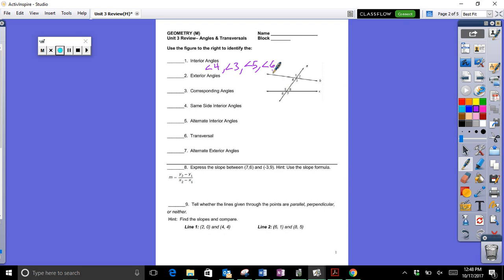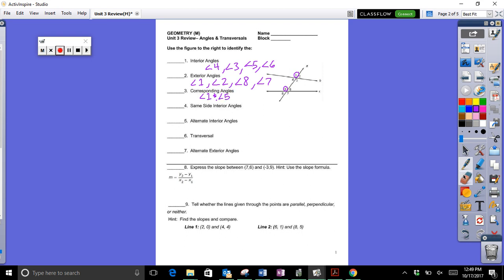Exterior angles would be on the outside, so that would be angle 1, angle 2, angle 8, and angle 7. Some corresponding angles would be angles that are in the same spot but on different lines. So if I have 1, 5 would be corresponding with 1. So I can say angle 1 and angle 5.